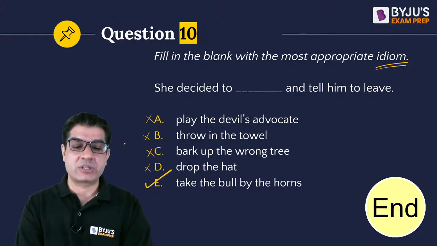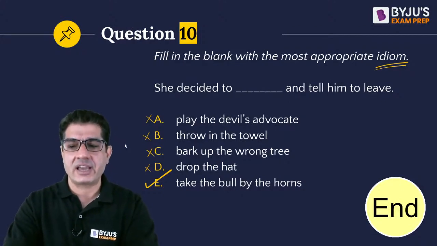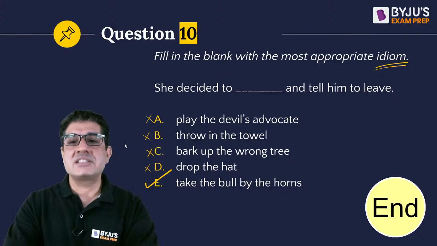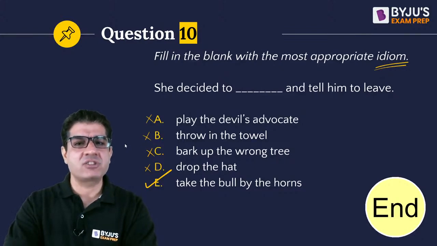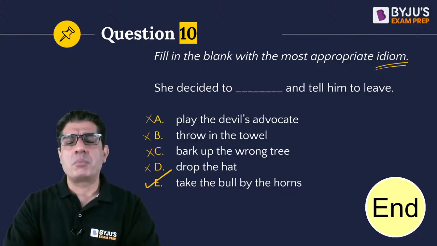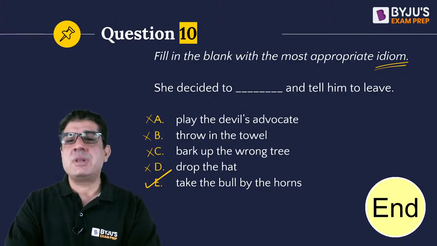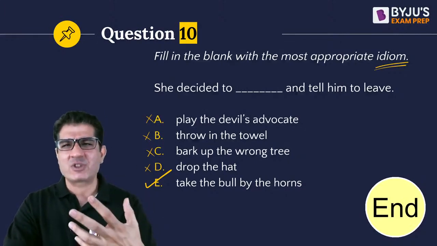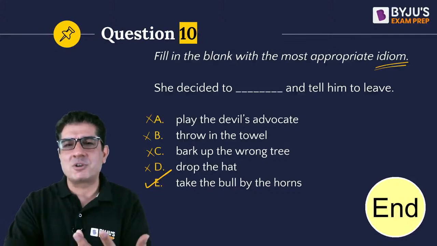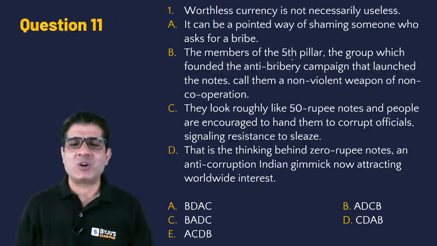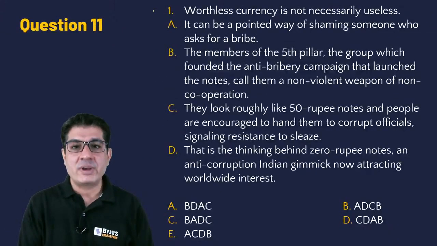Now this particular exam also has parajumbles, right? So let's go ahead and solve a couple of parajumbles. I will give you the directions manually because I was not able to fit them onto a single slide. What you see is a parajumble where the first sentence is fixed.